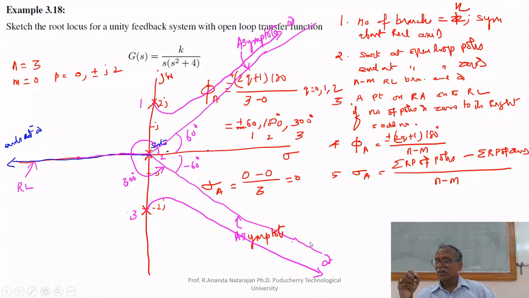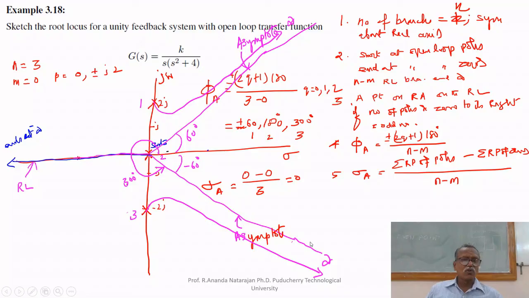So the root locus must be in HB. That asymptote must be in 2H pencil, so lighter. You have to mark it as asymptote. So you have to draw this on the root locus.